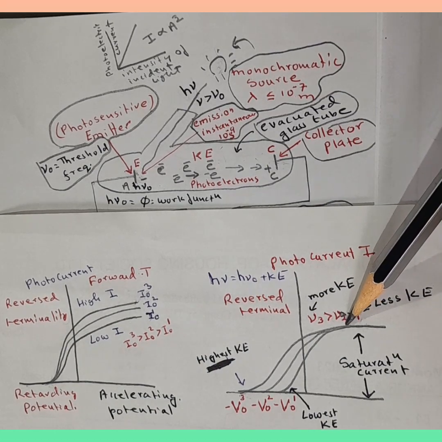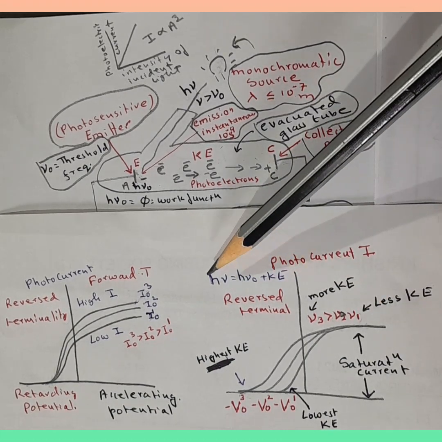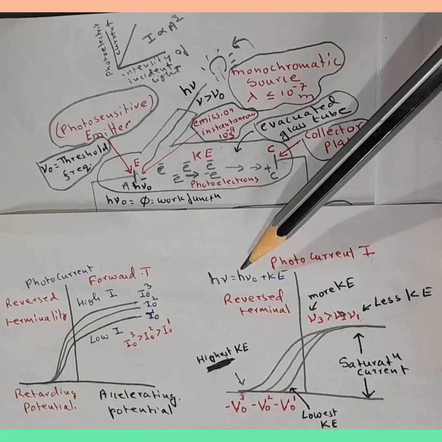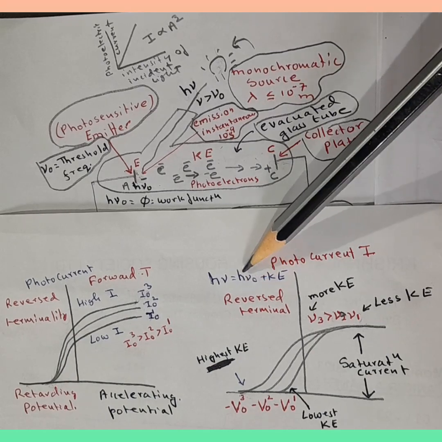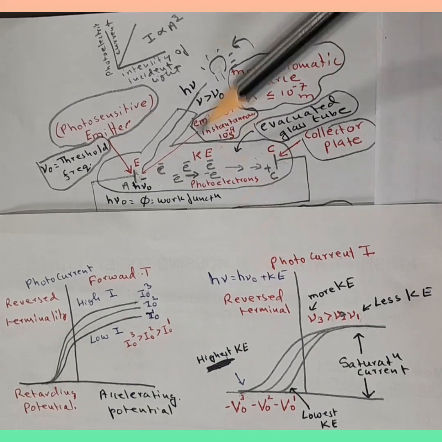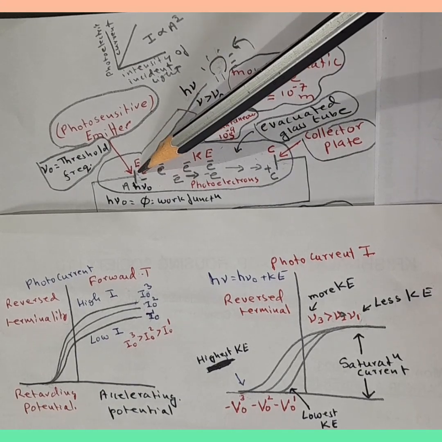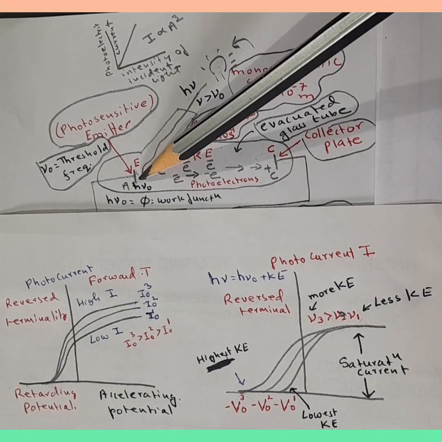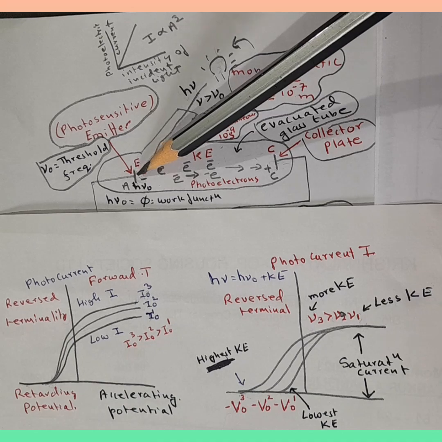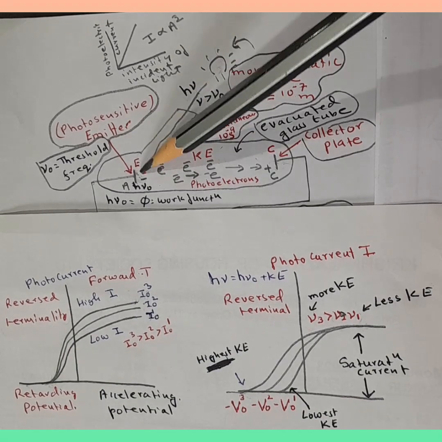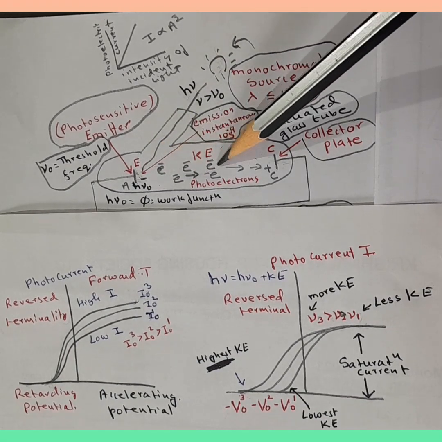That's the situation. We already derived the equation where h nu is equal to h nu 0 plus Ke. This was the work function, the energy required to strip an electron. So h nu coming from here and falling on this consumes h nu 0, that is the work frequency or threshold frequency, the threshold energy to strip an electron from this metal, and whatever energy is left is given out as kinetic energy.